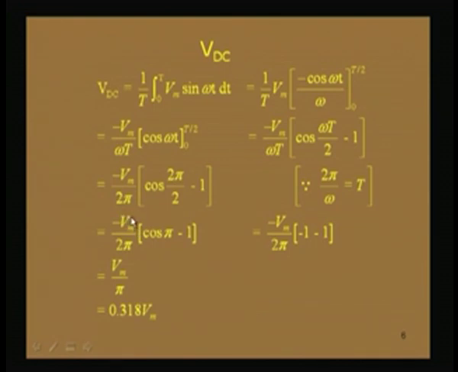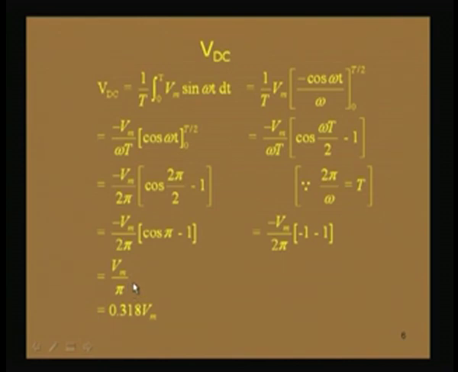Substituting that, it boils down to minus V m by 2 pi within brackets cos omega t, substituting 2 pi by 2, minus 1. So, now we get cos pi minus 1, that is minus 1 minus 1, minus 2. So, finally we get V m by pi.